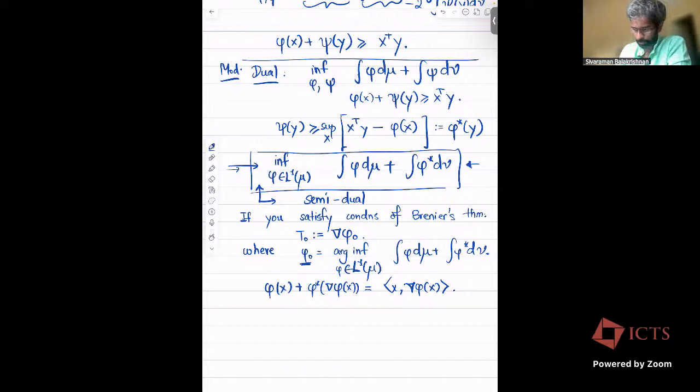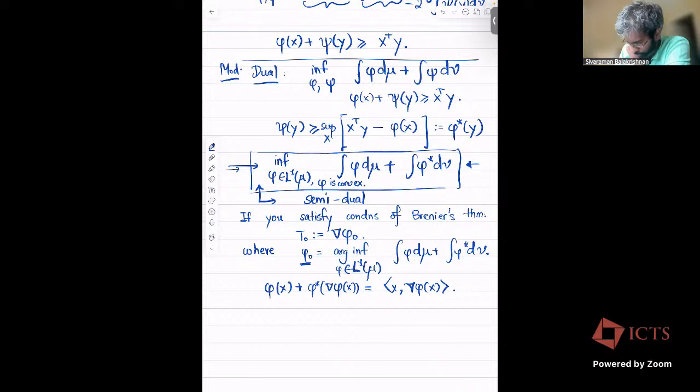So in that dual formulation inside the box, can we have the infimum over all convex phi? Yeah, it's equivalent. You can add the constraint that phi is convex.